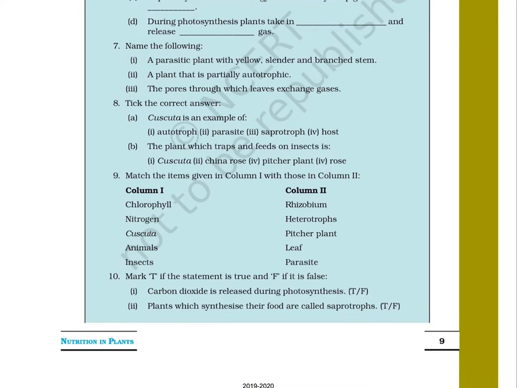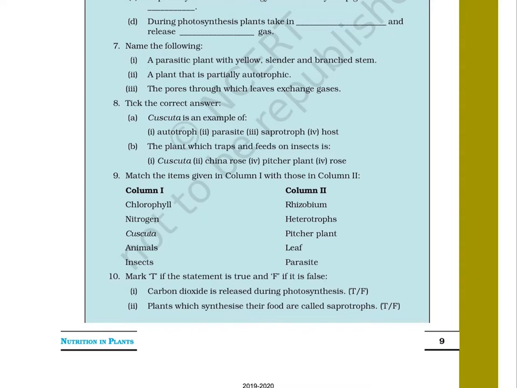8. Tick the correct answer. A. Cuscuta is an example of 1. Autotroph, 2. Parasite, 3. Saprotroph, 4. Host.